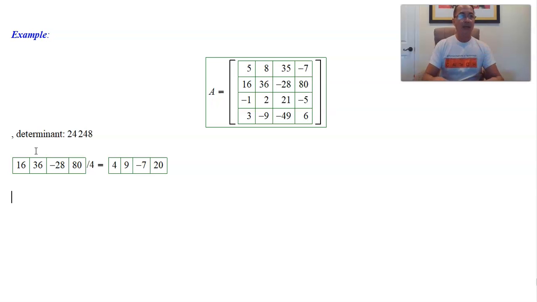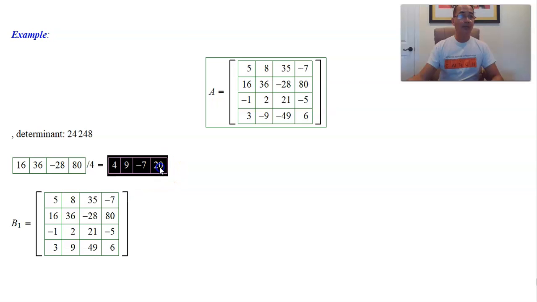Let's call it B1. So B1 will be the original matrix A, where I replace row 2 with this. Of course the determinant of B1 will not be the same as the determinant of A because we did a scale.